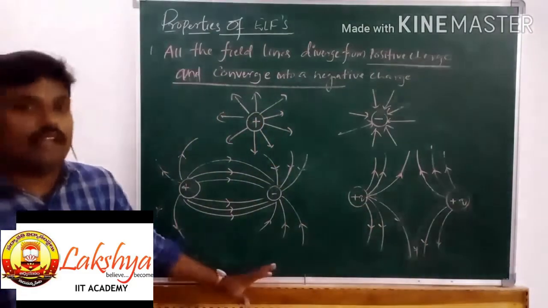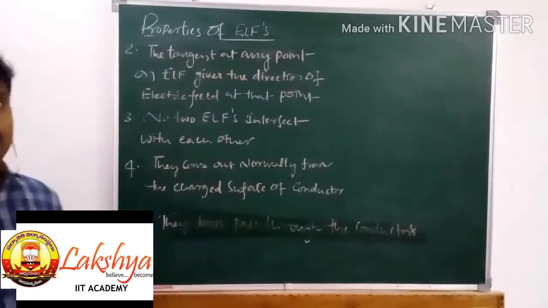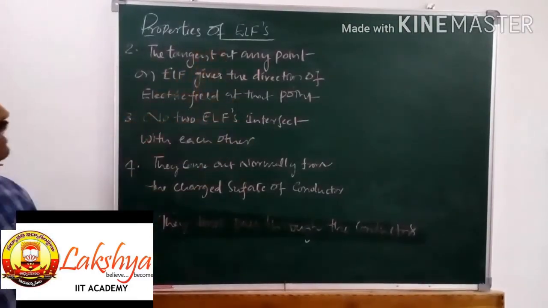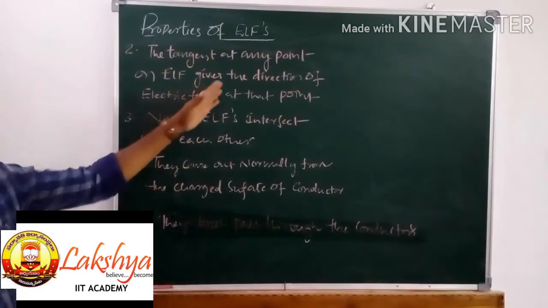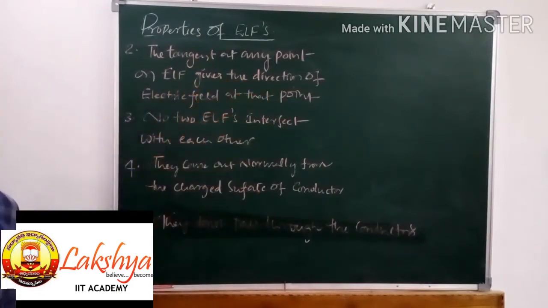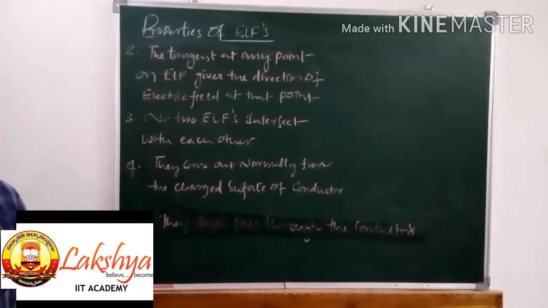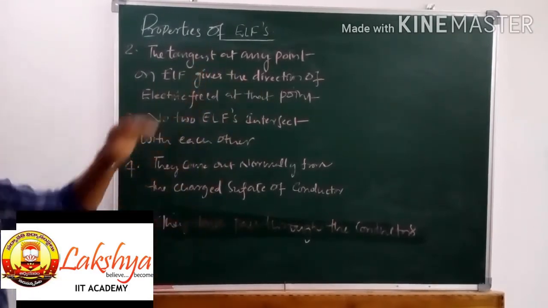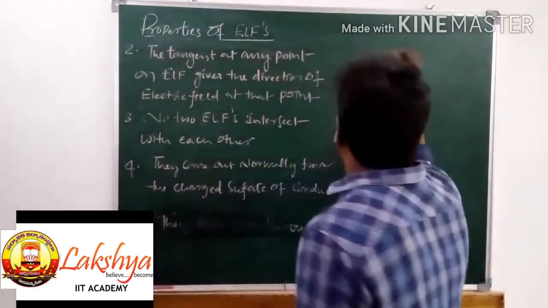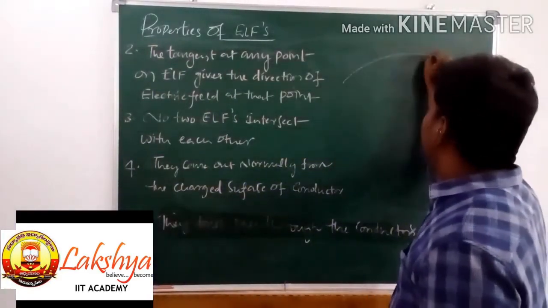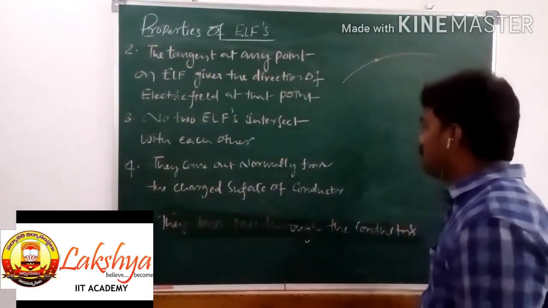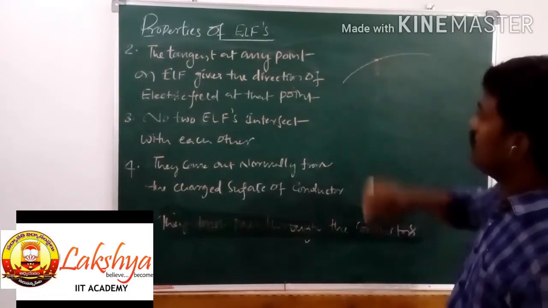Okay. Now the second point is, the tangent at any point on the ELF gives the direction of the electric field at that point. Already this point is in the definition of electric line of force; we have already read this. So let us take one ELF here. This is the ELF of a charged particle. Let us take point B on this.